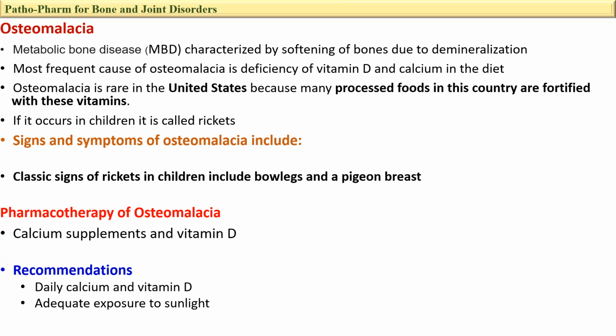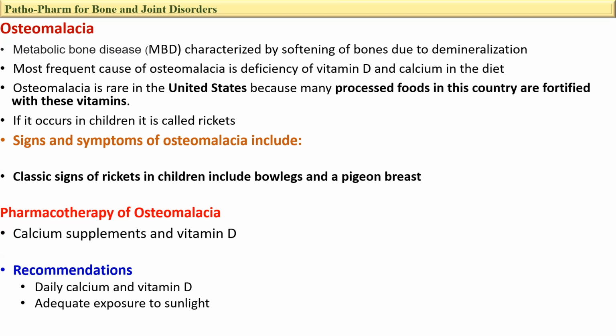Hypocalcemia and a decreased RDA of vitamin D or calcium or both can result in this disease. And in the US, it's most prevalent in older adults, in premature infants, and in individuals on strict vegetarian or vegan diets.